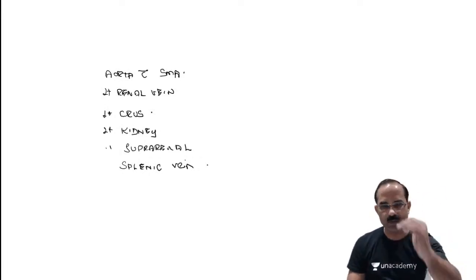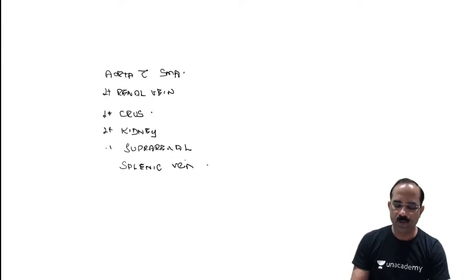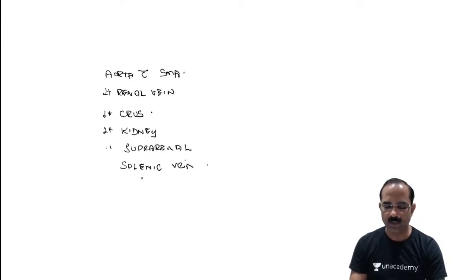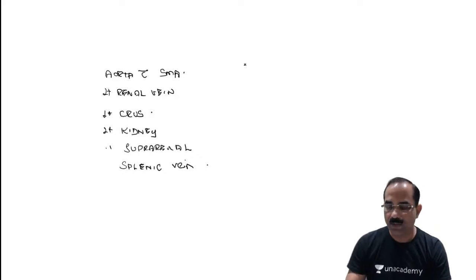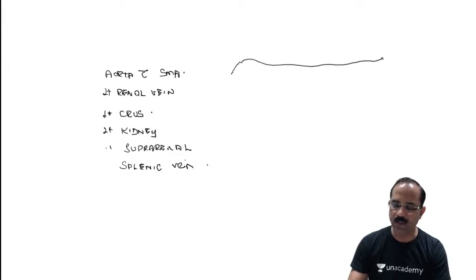Remember, students, plenty of MCQs you get on the pancreas. So what does the dorsal pancreatic bud form? The dorsal pancreatic bud forms the upper part of the head, neck, body and the tail of the pancreas.